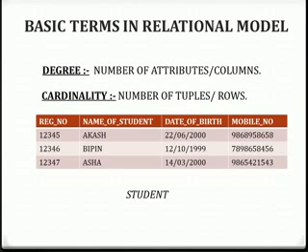The degree of the table is the number of attributes. Here there are 4 attributes, so the degree is 4. And the cardinality of the table is the number of rows. So here there are 3 rows, so the cardinality will be 3. We should exclude the heading row. Okay, so the cardinality is 3 here.